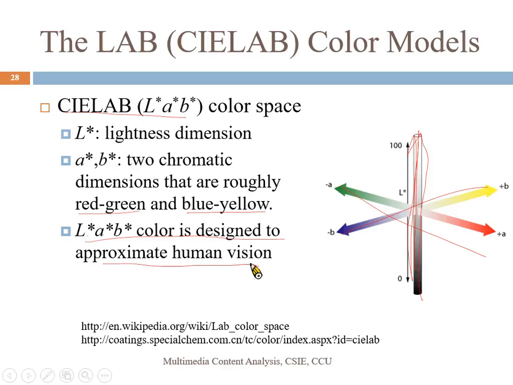So basically, we think that the LAB color space and the HSI color space are closer to human color interpretation. So usually in many multimedia systems, we prefer to use HSV or LAB color space to build a system closer to human understanding.